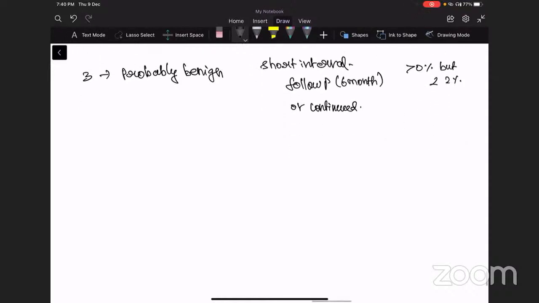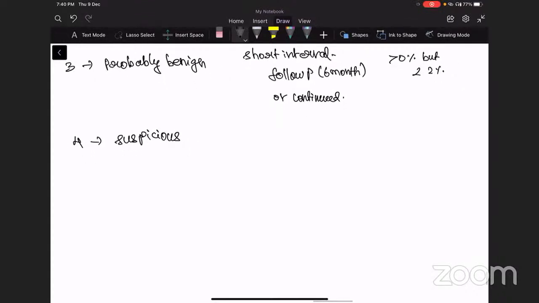And we have category 4. There is some suspiciousness whether it is cancer. We go for pathological tissue diagnosis.